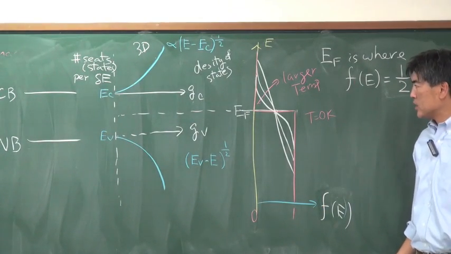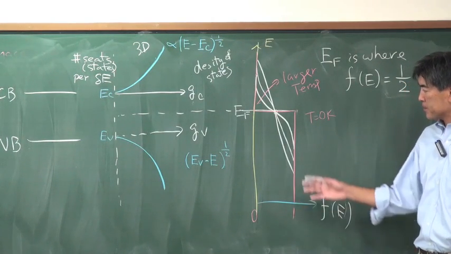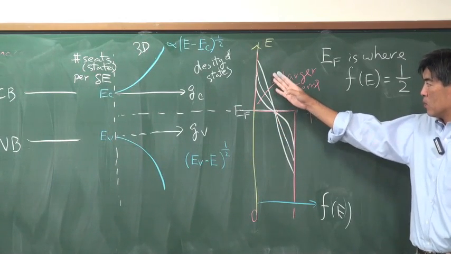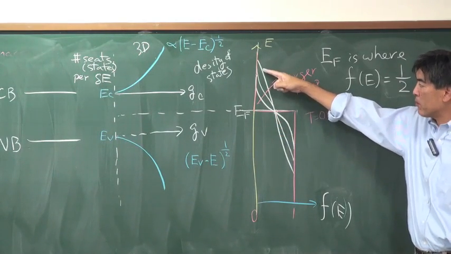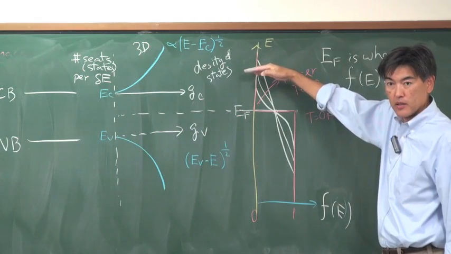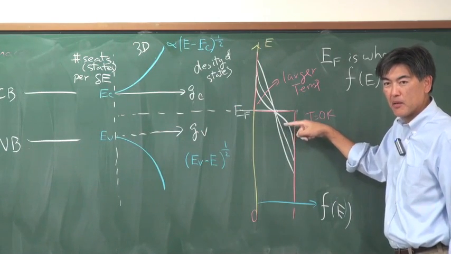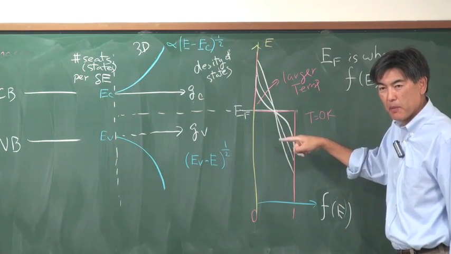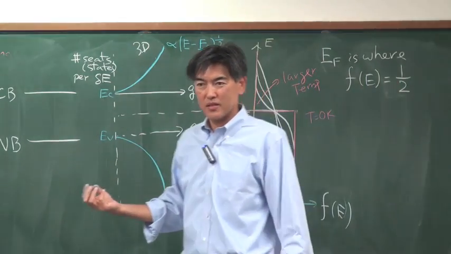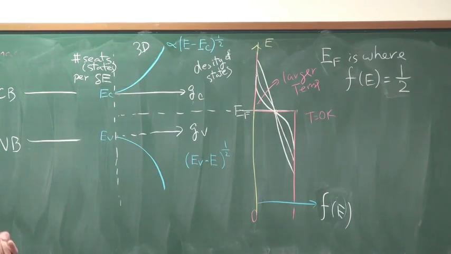So what this means is that by increasing the temperature, we increase the probability of finding electrons at higher and higher energy. Okay? And this part is the probability of missing electrons. What is the probability of missing electrons? It's the probability of finding holes. Right? The probability of missing electrons is the probability of finding holes.